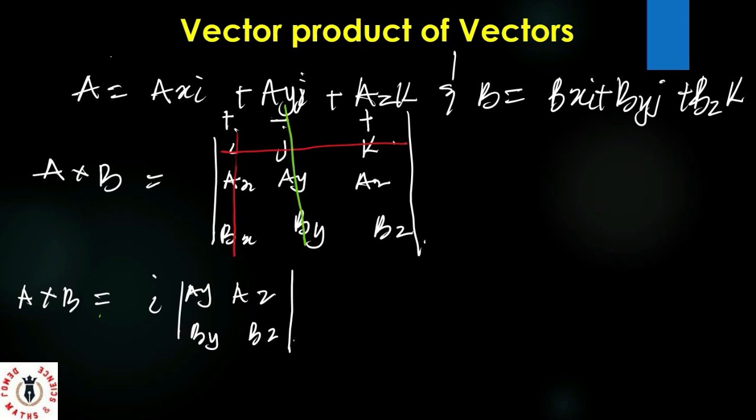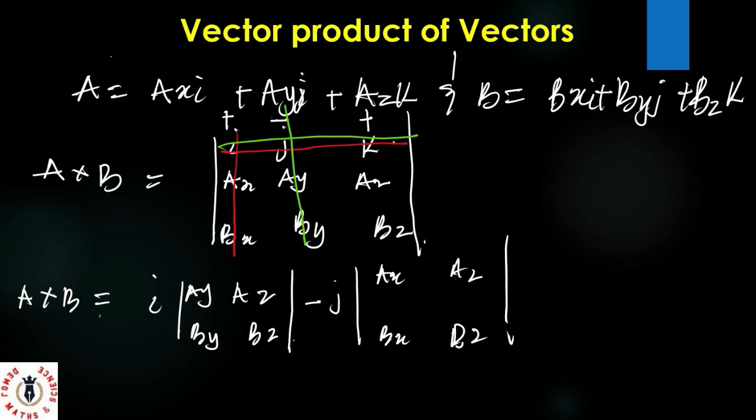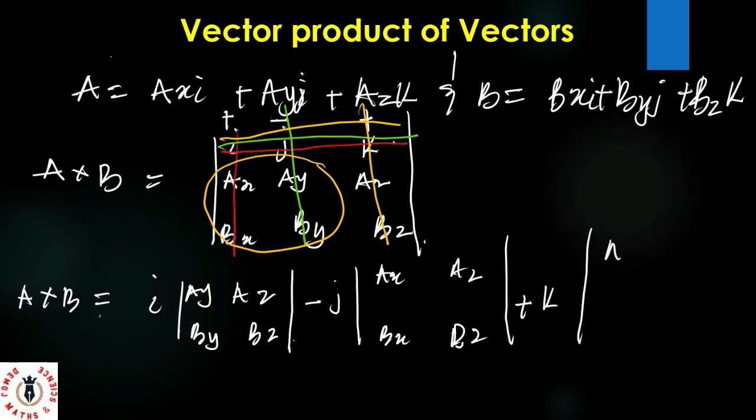If I pick j, then I'll pick every element out of this line, so I'll have minus j into Ax, Bx, Az, and Bz. And lastly, I'll be picking k. When I'm picking k, we'll cross this out, then we can pick every other element. So I now have plus k into Ax, Ay, Bx, By.